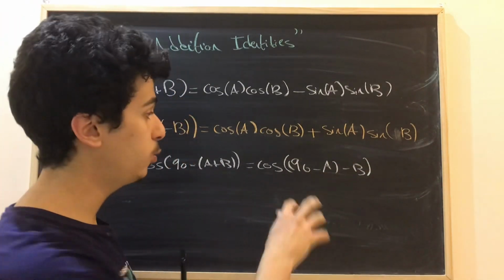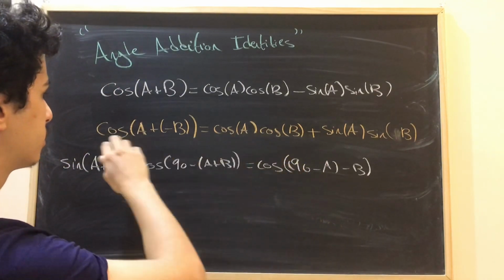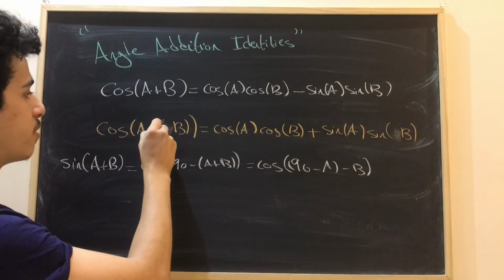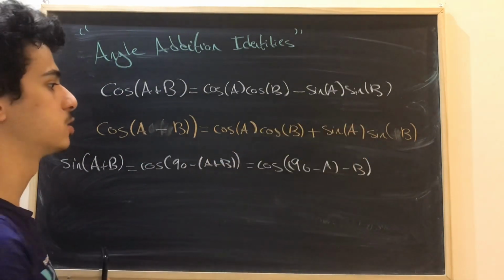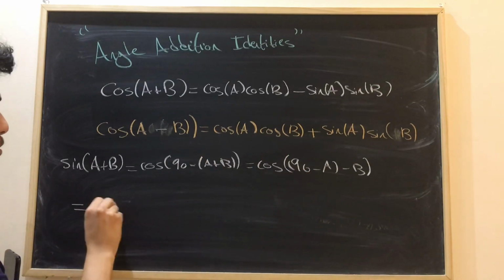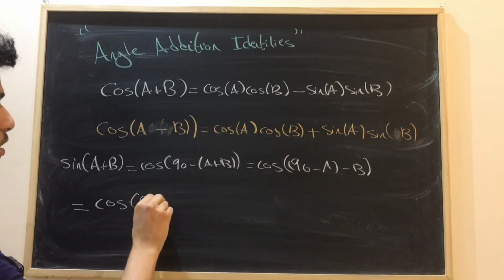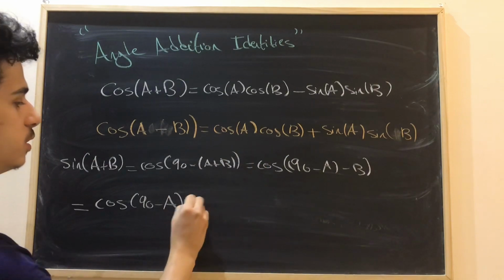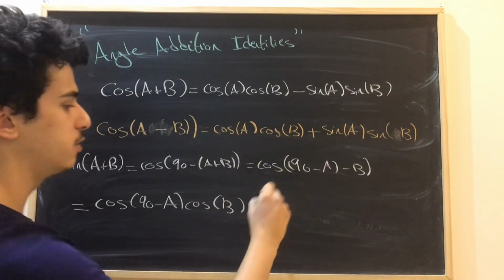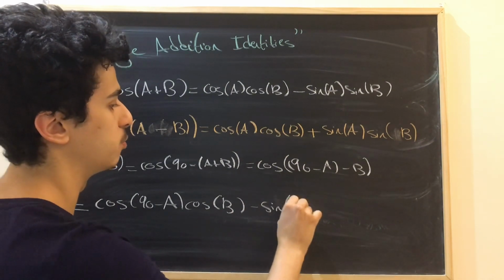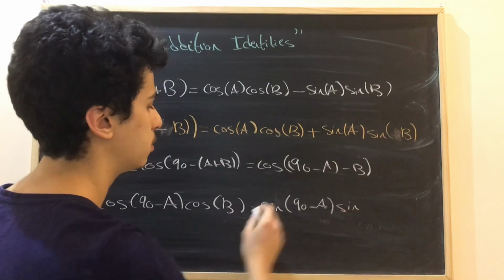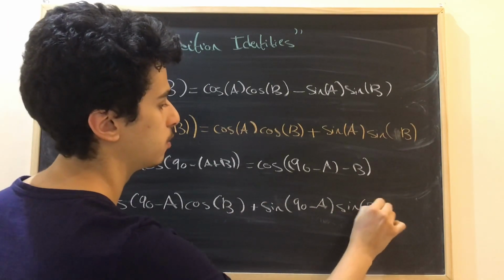And so now we use what we learned before, that cosine of (a plus negative b), or now we can rewrite it as cosine of (a minus b), is equal to this result right here. So we'll have cosine of a, which is cosine of (90 minus a) in this case, times cosine of b, minus the sine of (90 minus a) times the sine of b. Of course, this will be a plus sign.